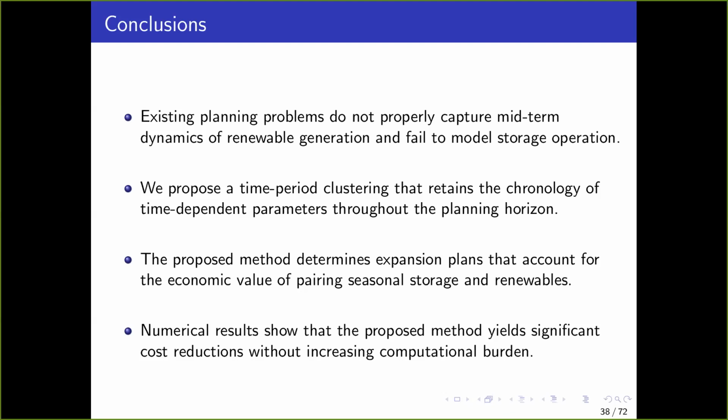We propose a time period clustering that tries to improve these two things. The key point is that our method allows us to see the economic value of pairing seasonal storage with renewables without a very strong daily pattern. That's the key advantage of the clustering method we are proposing.